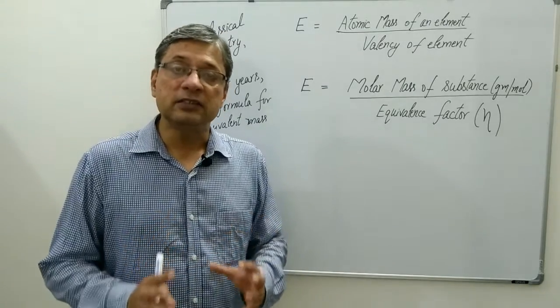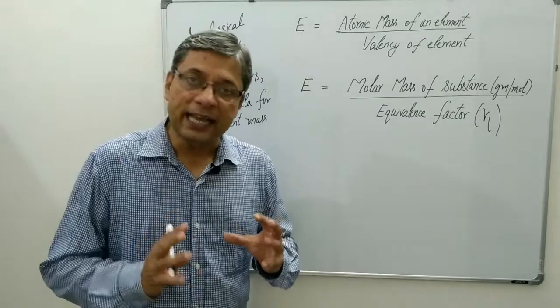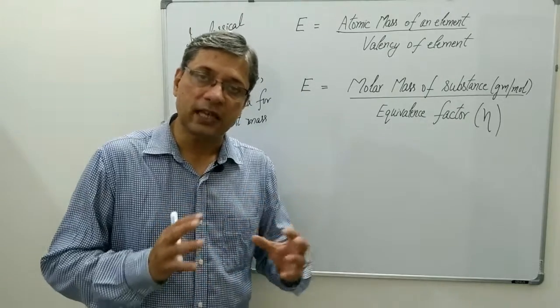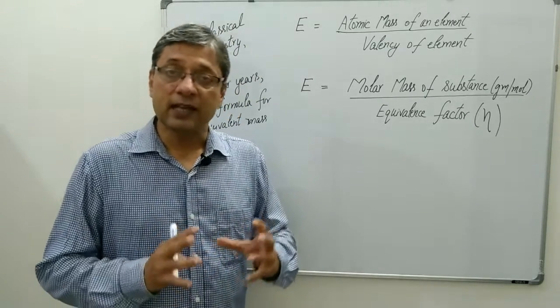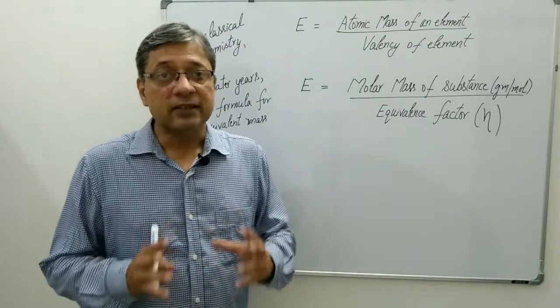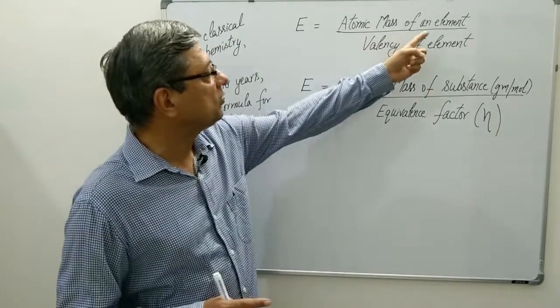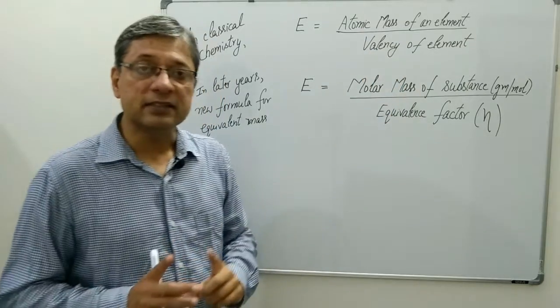If we considered an element whose equivalent mass was to be calculated in a given chemical reaction, then the formula continued to be E is equal to atomic mass of the element upon valency of the element.